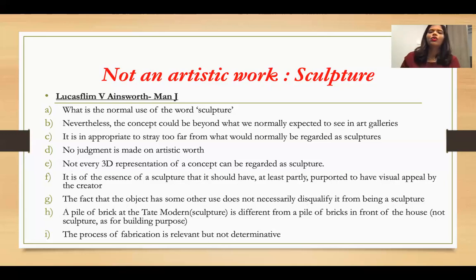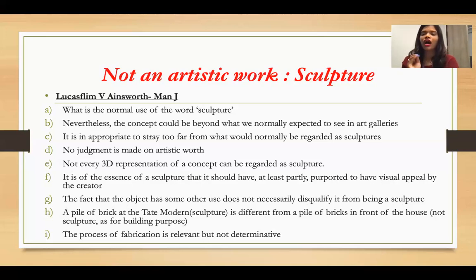Okay, so of course I said when we look at sculpture, not necessarily to think about the literal meaning of sculpture, what is in the art gallery. Not only that, anything beyond that can also be a sculpture. For example, you can see in a problem question, maybe a bag can be considered a sculpture.